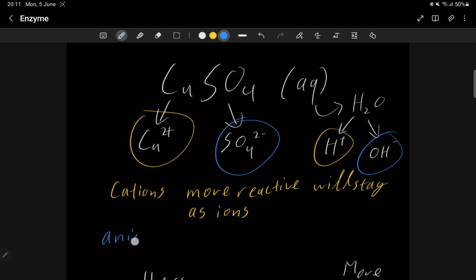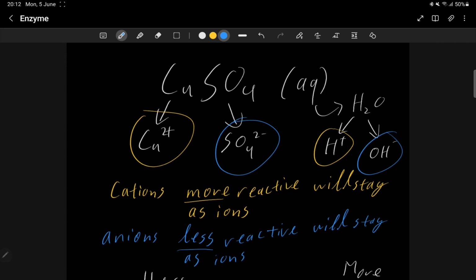But for anions, the less reactive will stay as an ion. The way I like to remember it is cations are the positive ions, that's why it's the more reactive ones that stay as an ion, whereas anions, because they're the negative ions, it's the less reactive ones that will stay as an ion. So this is one thing that you have to remember about electrolysis when you have more than one cation and more than one anion.